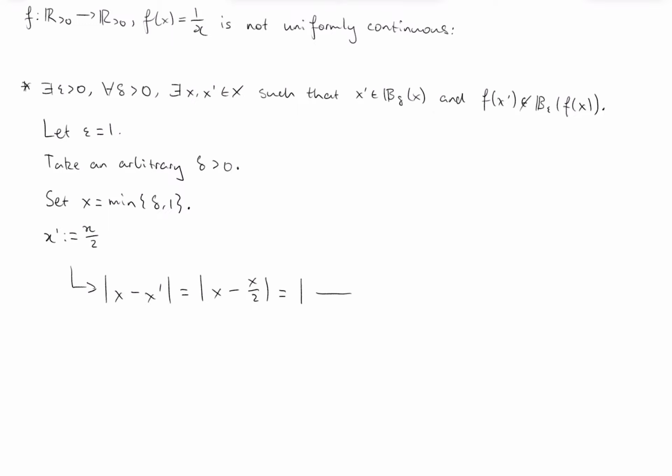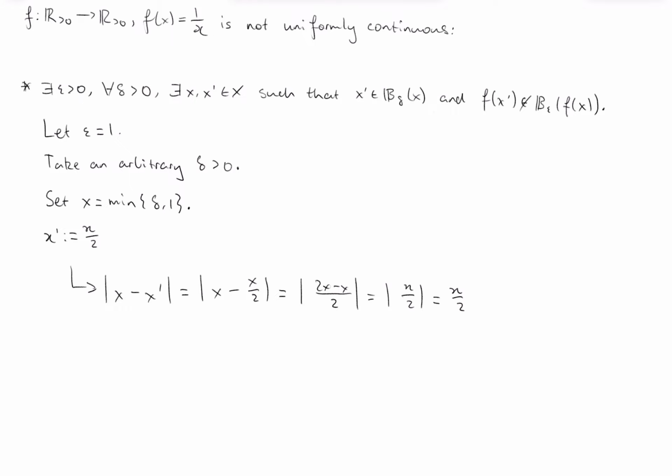And we can play around a bit and simplify. We get 2x minus x over 2. And we know that x is the minimum of delta and 1. Delta is positive, 1 is obviously positive. Whatever happens with delta, taking the minimum of delta and 1 is going to be a positive number, so we can remove these absolute value bars: x over 2.